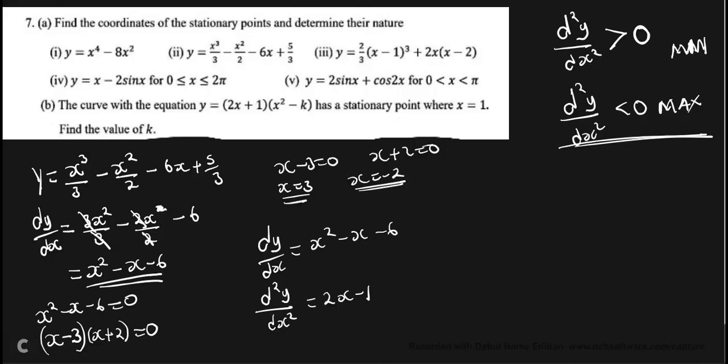Now, let's substitute with 3. We start with 3. We check if it's a maximum or minimum. So, we found that you have positive 5. Positive 5 is greater than 0, meaning that x equals 3 is a minimum.